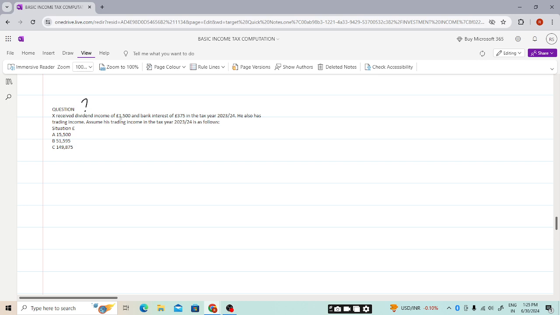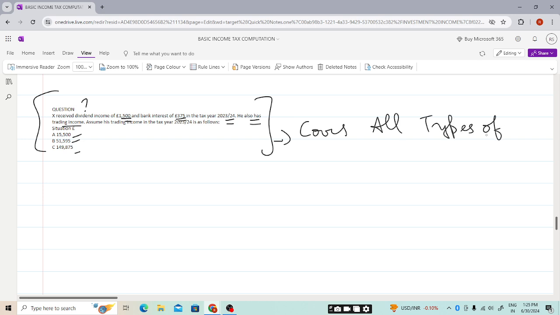X receives dividend income of 1,500 and bank interest of 375 in the tax year 23-24. He also has trading income. Assuming his trading income in the tax year is 15,500, 51,595 and 149,875. This question is a comprehensive question that covers all types of income.